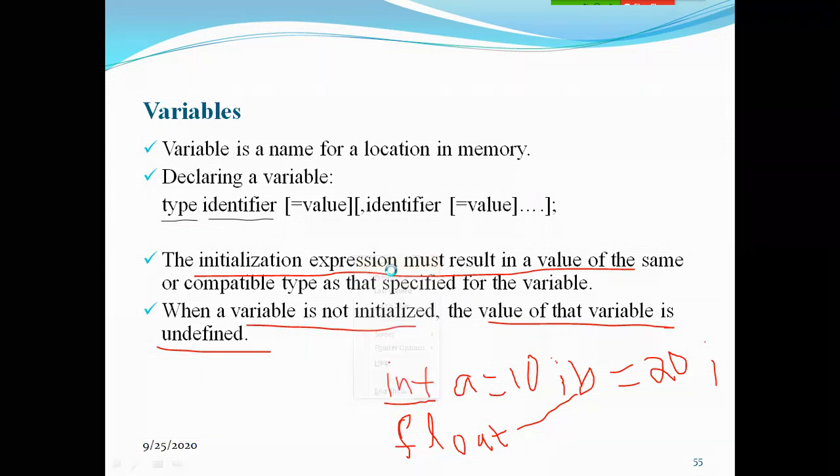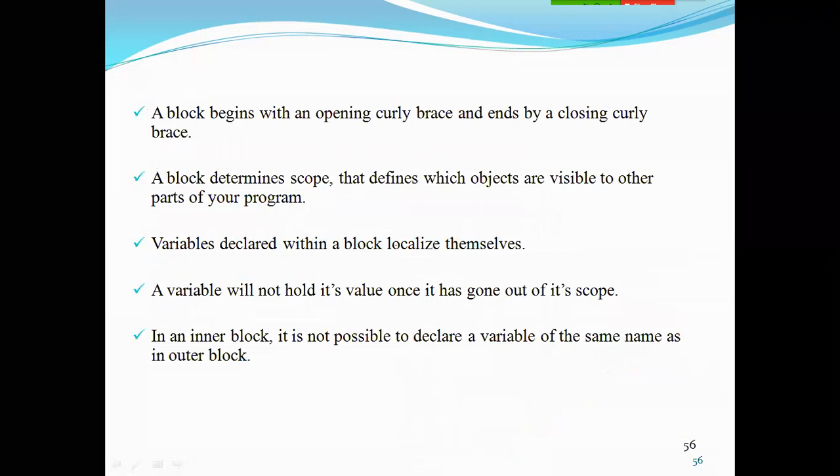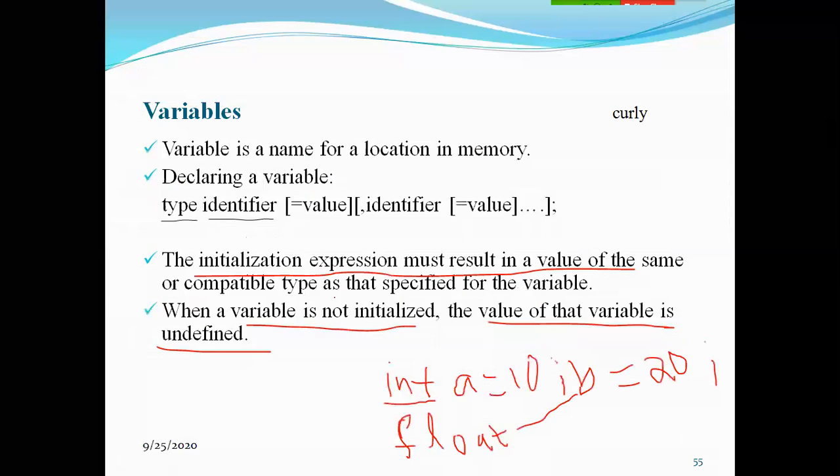This is about variables. Now, scope and lifetime of variables. You came across different types of variables: local variables, right? The lifetime of local variables is limited to the particular block.